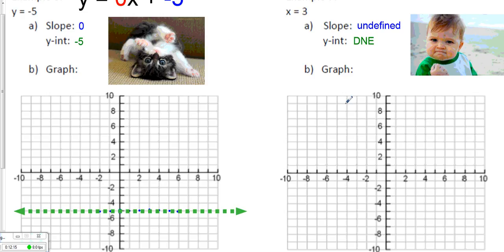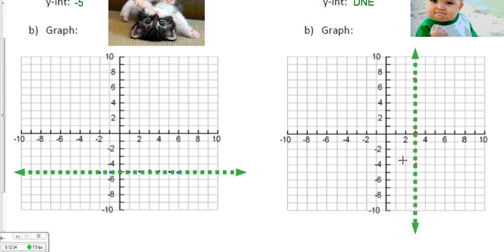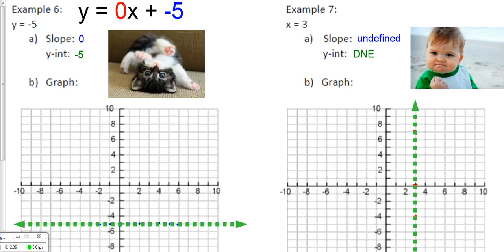But it will have points anywhere where x is 3, so right here, or right here, or right here. All of these points count. And we can connect those with a vertical line, like so. And that is the graph of x equals 3. And that'll be it for our second video.